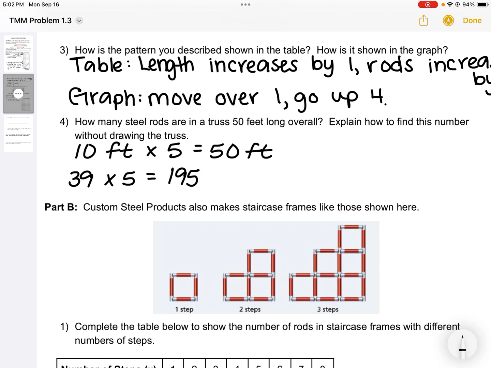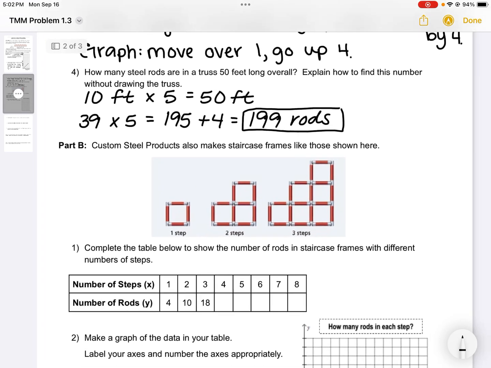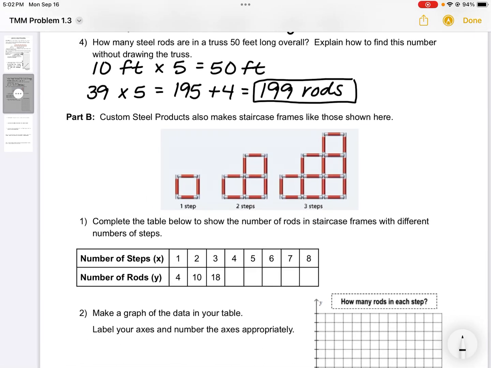But I do need to include that 1 foot at the very beginning. It was not part of our table. So we know that every 1 foot of length is actually 4 rods. So because I want to add the 4 that it started with, the total is 199 rods. And that is it for part A.